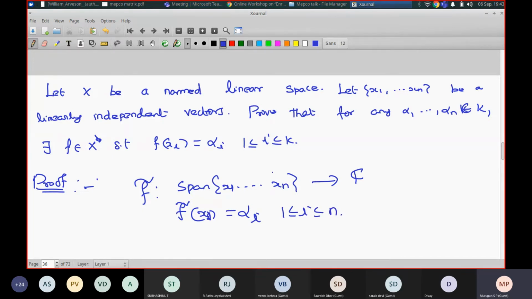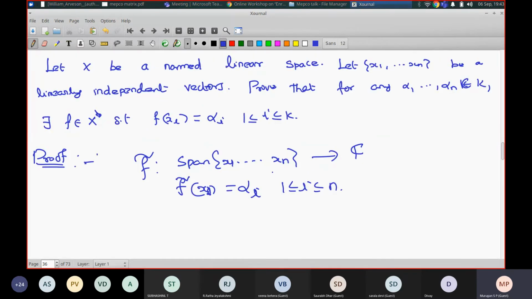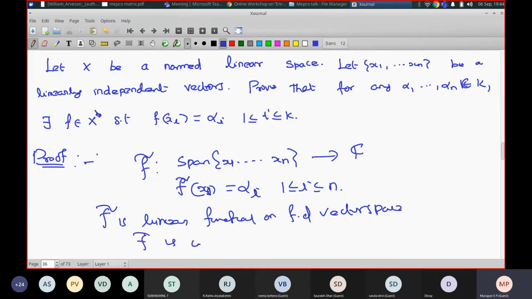Then, as I said earlier, f tilde is a linear functional defined on a finite dimensional vector space, because the linear span of x1 up to xn is finite dimensional. Then f tilde is continuous.